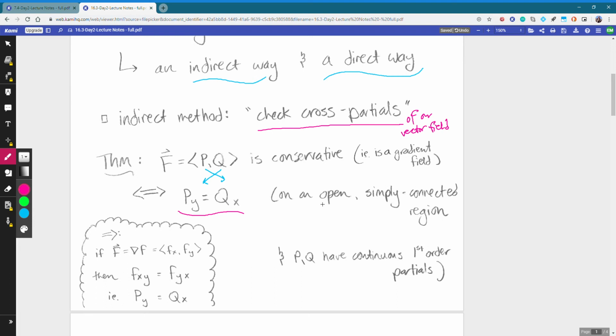And we've seen this word open before, right? Open just means we do not include the boundary of our object, so no boundary. Connected means just what it sounds like, just means that there is one piece.